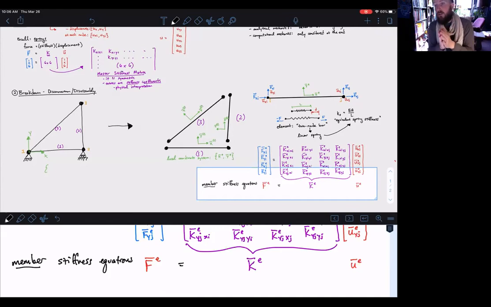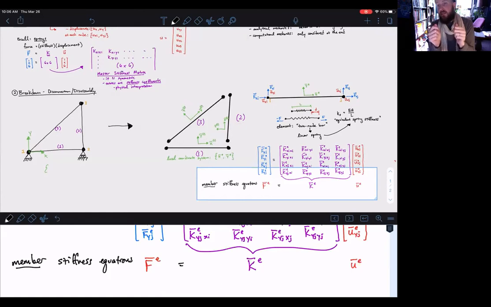So what we're going to do is solve for the stiffness matrix of each individual element, or each individual member, in their local coordinate system.